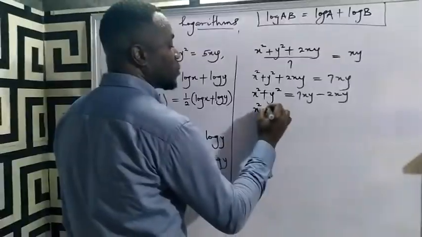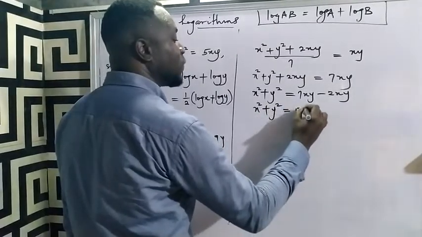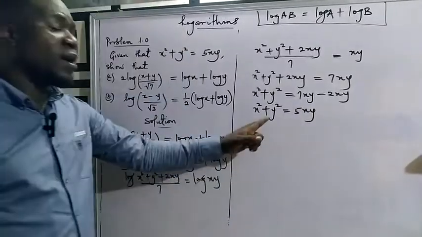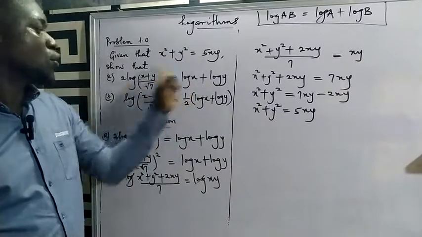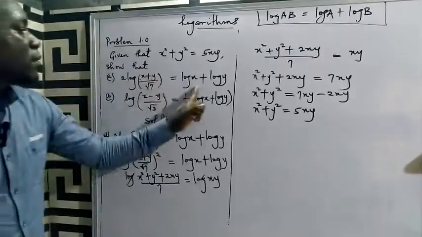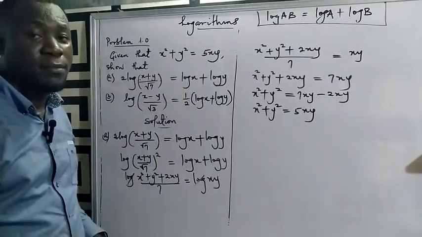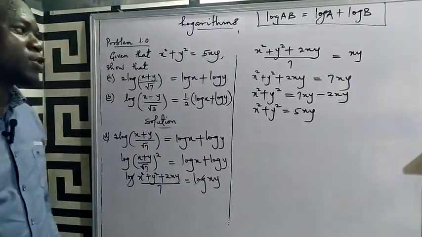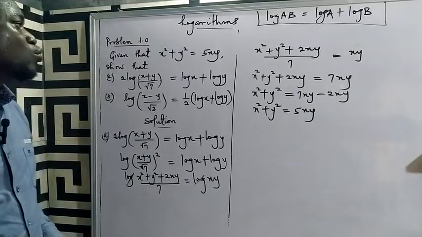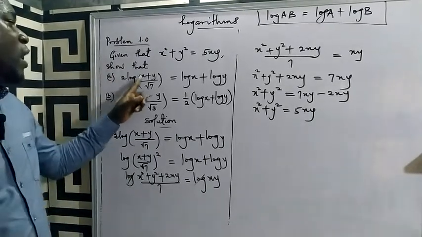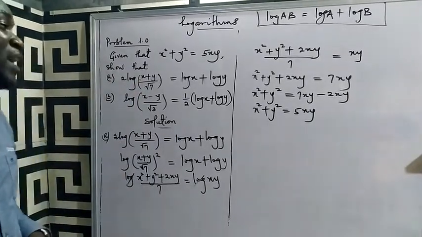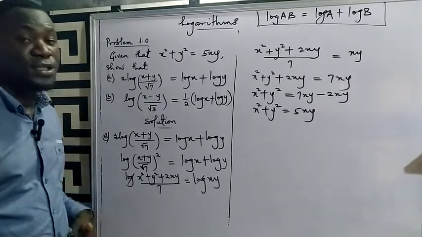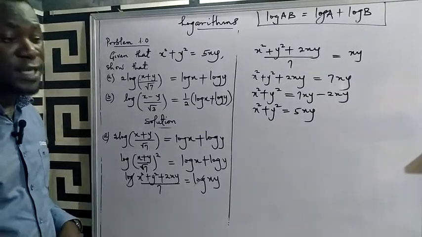And that gives us 5xy. So you can see that we have arrived at the condition solving this problem. Good. So this is the solution on how to show that 2 log of (x plus y) over root 7 equals log x plus log y using the two methods. Thank you very much.